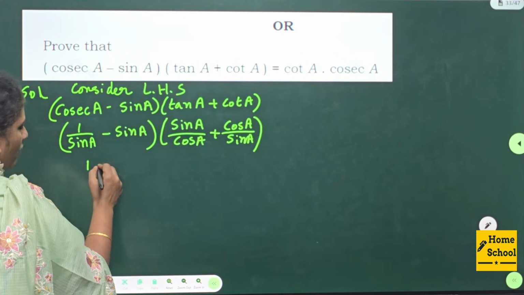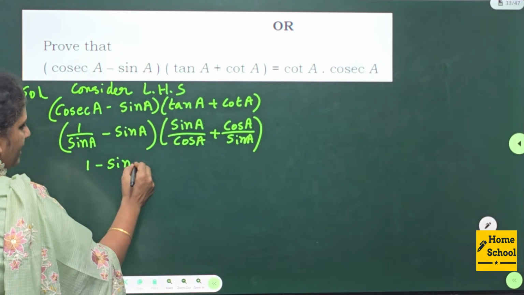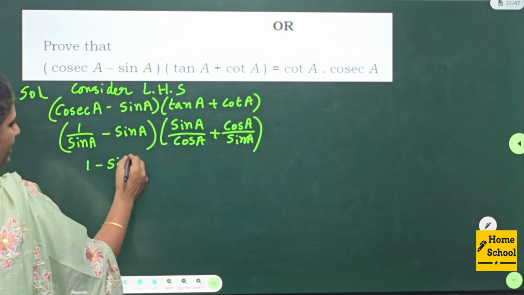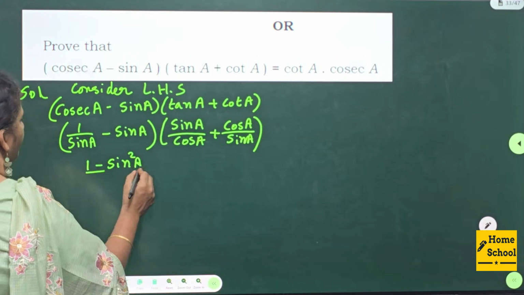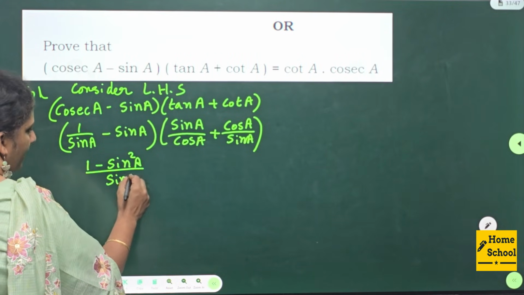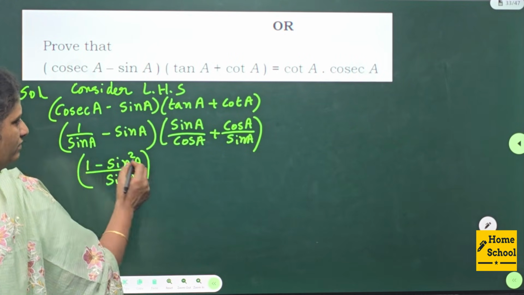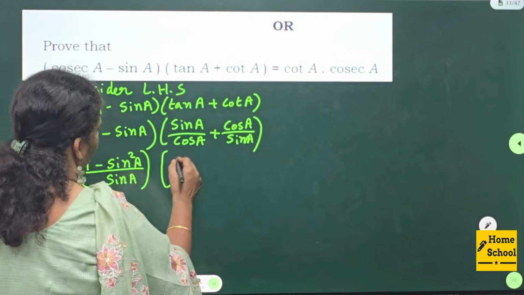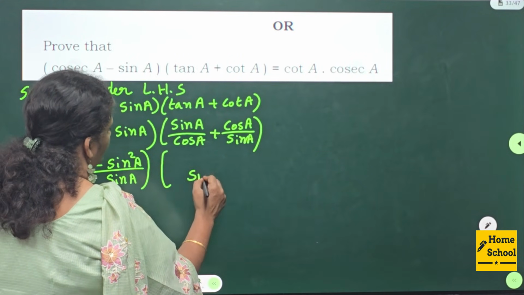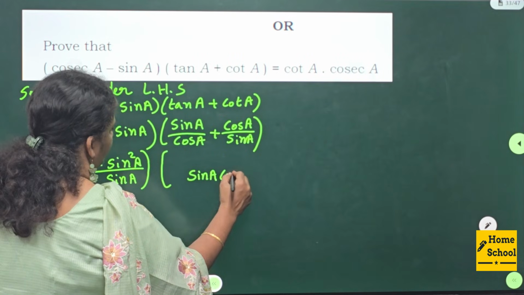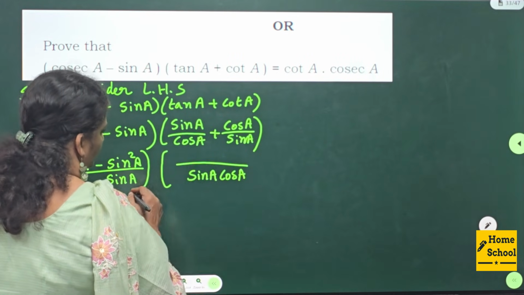Now in this one, 1 minus sin A into sin A is sin square A by sin A. We need to do LCM. Is this clear? And here do LCM: sin A into cos A for the denominator.